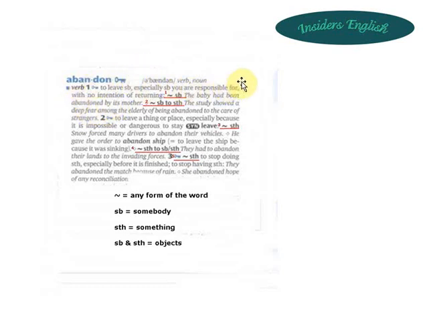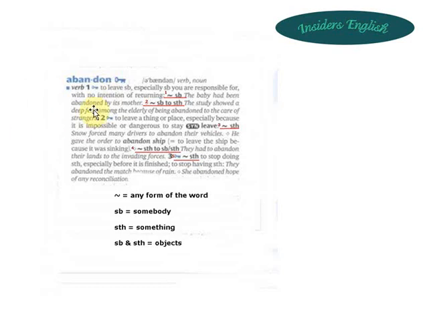Notice there's no extra information up here. That means that abandon is regular. Only irregular items give you extra information. So you can safely know that abandon has an S in the third person singular or ed in the past and in the past participle.